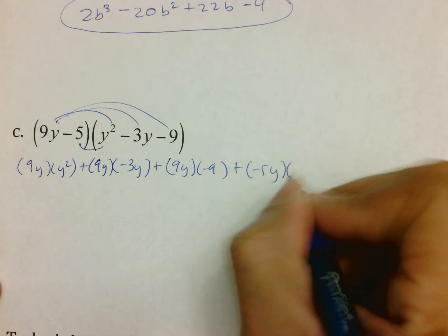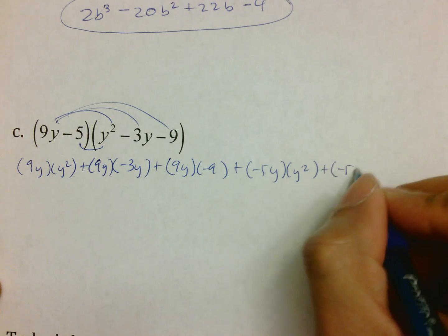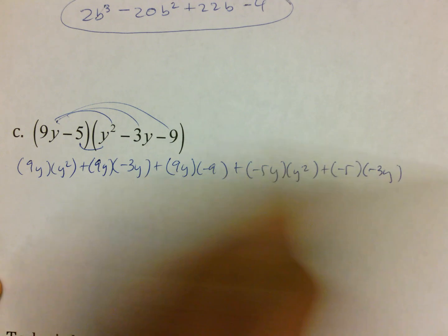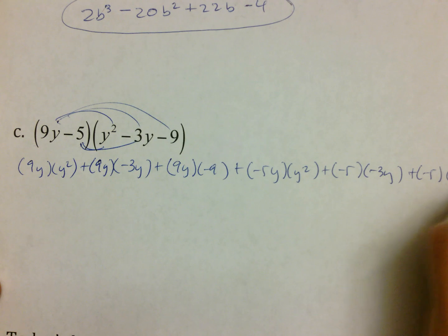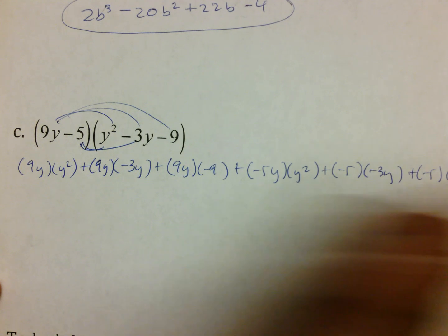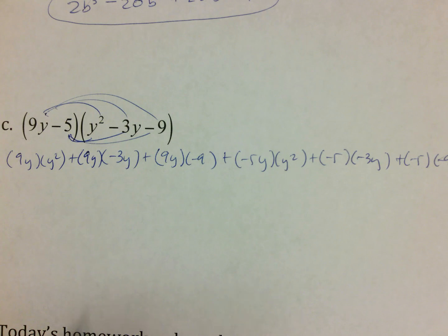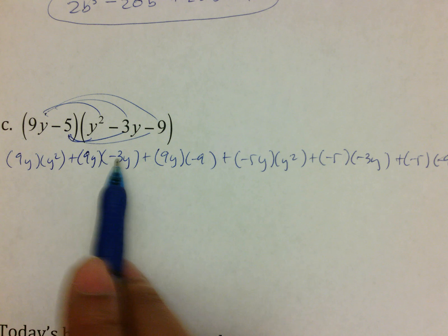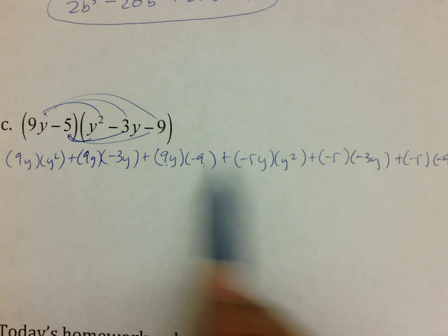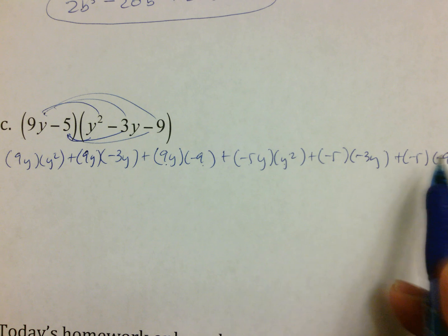Negative 5 to y squared, negative 5 to negative 3y, and negative 5 to negative 9, which always seems to just take up the full line. Anyway, negative 9. Again, I always like to go back and check to make sure I didn't do anything crazy or miss a sign. Yes, there. Yes, there. Yes, there, and yes, there.